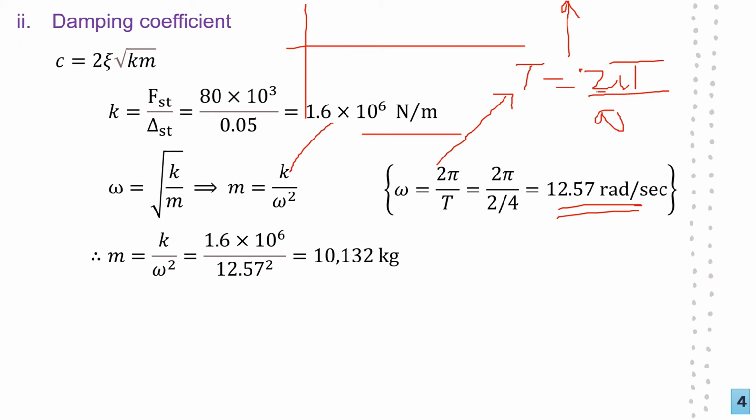So you see, the mass of the water tank on top we are not given, but we have been able to work backwards from the values that we have to obtain the lumped mass. Remember, in our dynamic analysis, we said the mass will be lumped at the floor levels. The columns only provide the stiffness. So the lumped mass of the water tank is the one that we have calculated to be 10 tons.